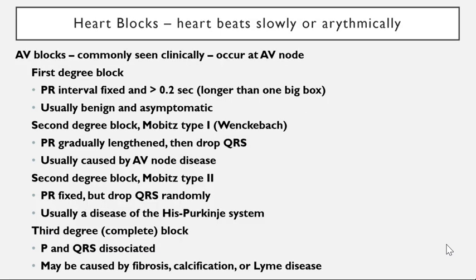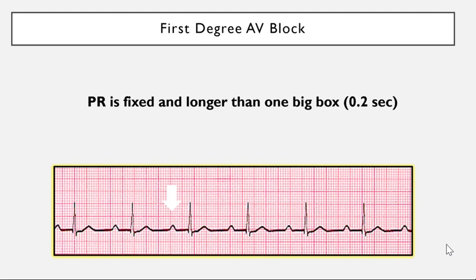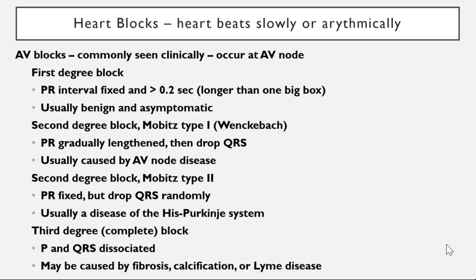There's different ways to identify these. The first one being that with heart blocks, they get more severe as you go down the list. So a first degree is not as bad as a third degree. And then a Mobitz type 2 is worse than a Mobitz type 1 as well.